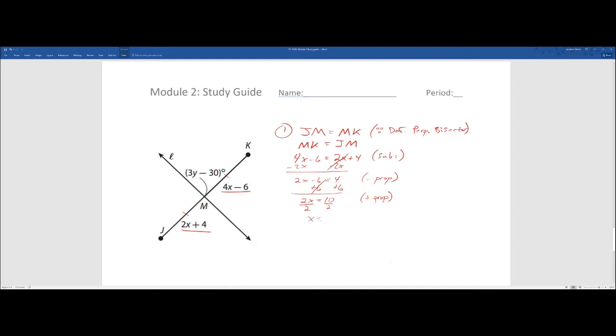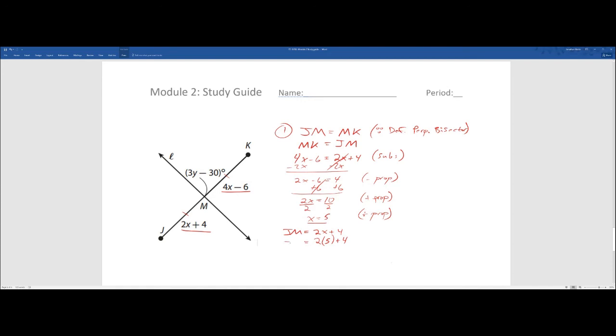So x equals 5. Now that's not what they were asking about. They were asking for JM. This was the division property, but do not box this answer. This answer needs to be substituted back into whatever JM is. JM equals 2x plus 4, and we just said up here, x equals 5. So 2x is really just 2 times 5, plus 4.